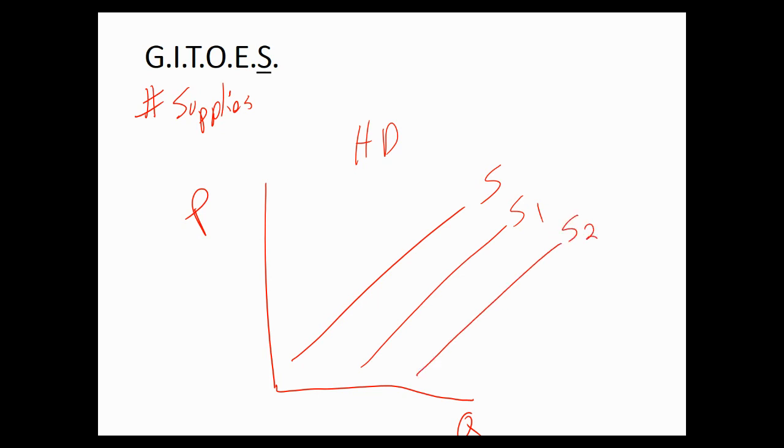As more and more businesses enter the market, we see a shift to the right. At the same time, if firms start to exit the market, we see a shift left. As the number of suppliers increases, the supply curve increases and shifts to the right. As the number of suppliers decreases, the supply curve decreases and shifts to the left.